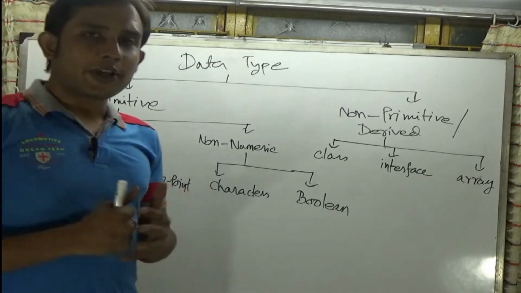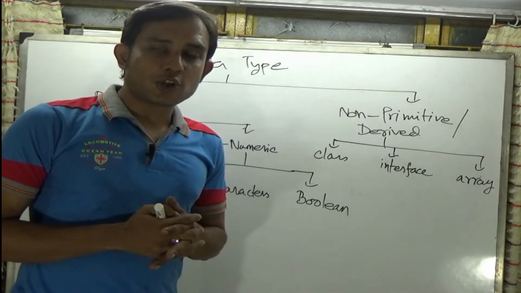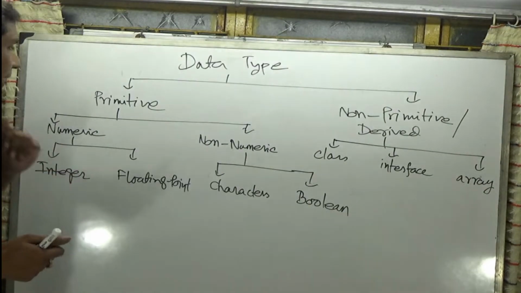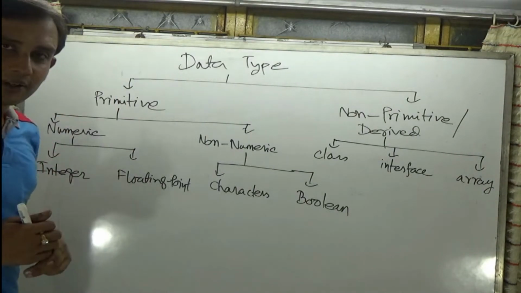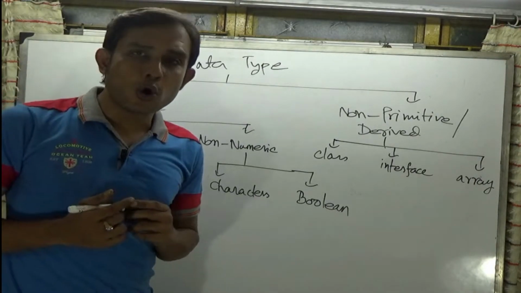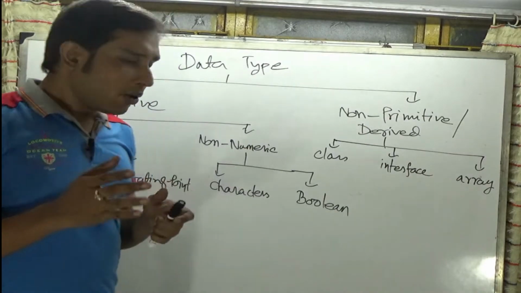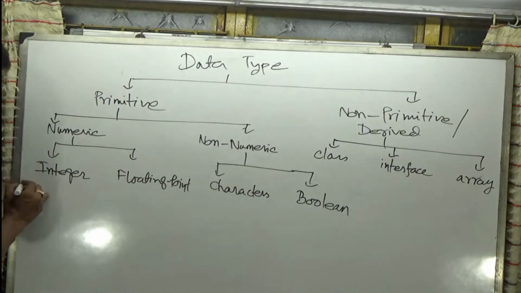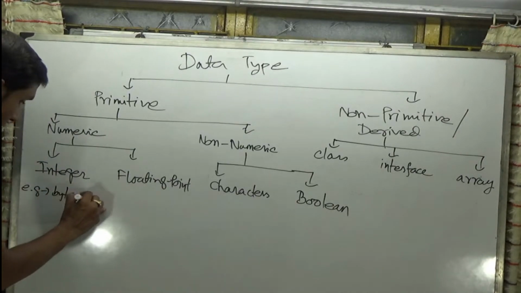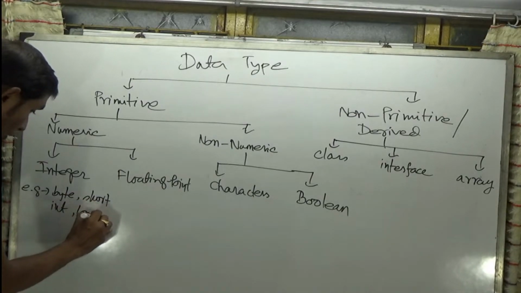Now, according to our requirement, we can use different types of data types for what kind of value we are going to store in a particular variable. Now we come to the first one, the integer numeric data type, which belongs to the primitive data types in Java. The integer data type can only hold or store non-fractional values. The integer types are byte, short, int, and long.